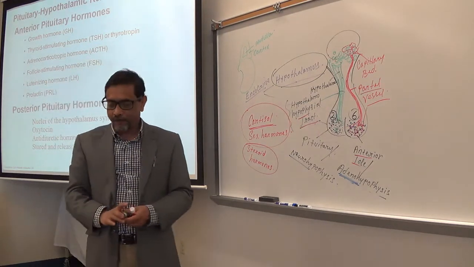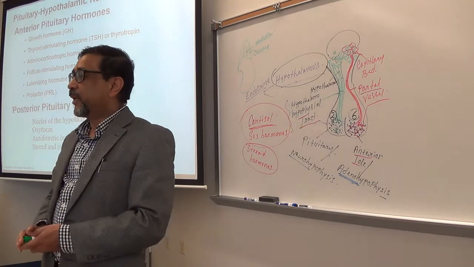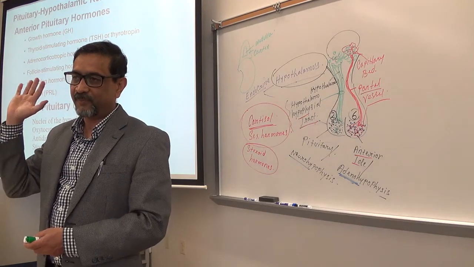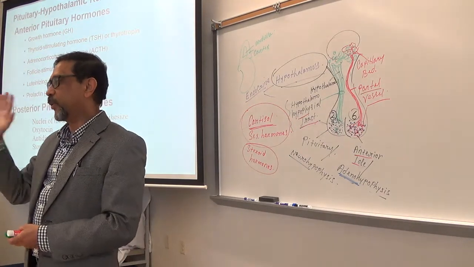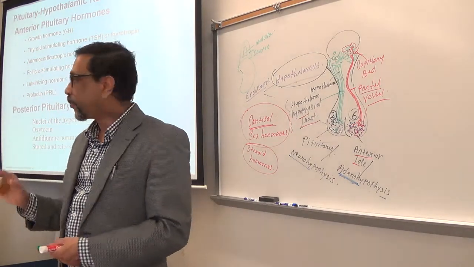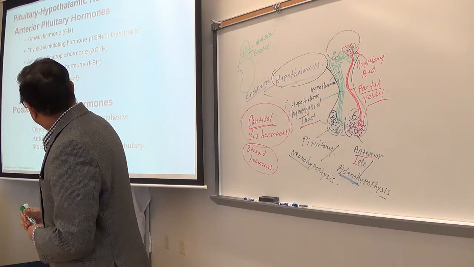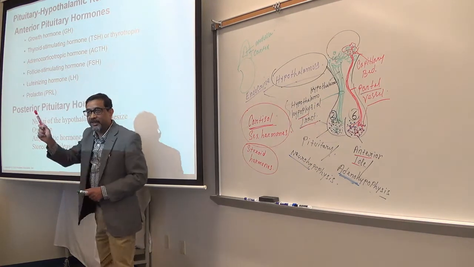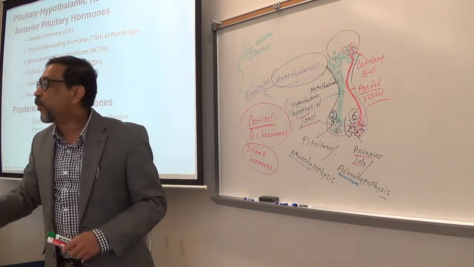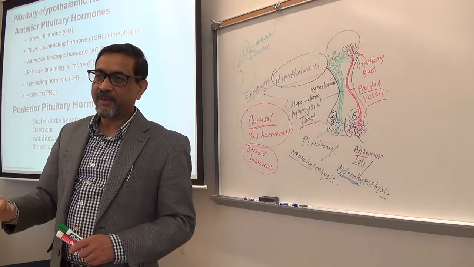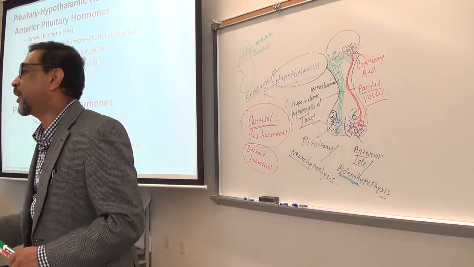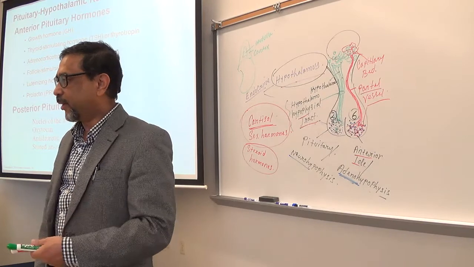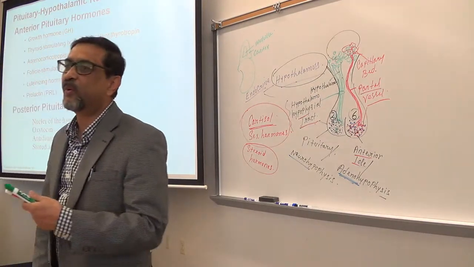Follicle stimulating hormone and luteinizing hormone. Just write down these two hormones work on the gonads. Work on what? Gonads. Testes, ovaries. And these two specially help in the function of the ovarian cycle, and ovulation.